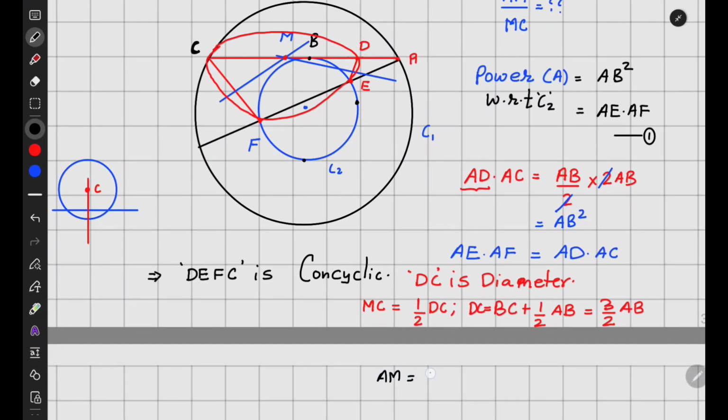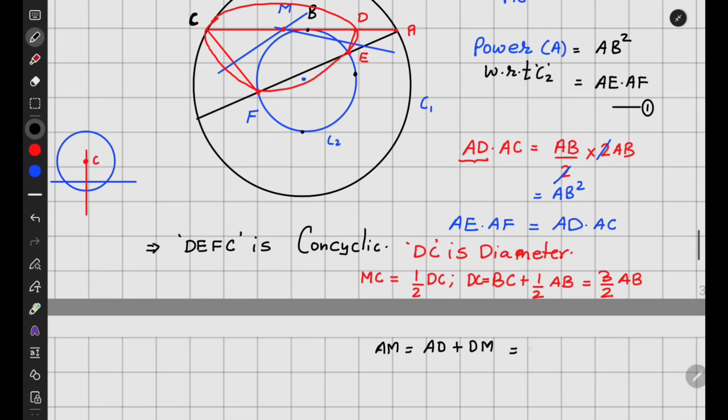So AM will be AB? No, I should say like this: AD plus DM, right? AD is AB by 2.